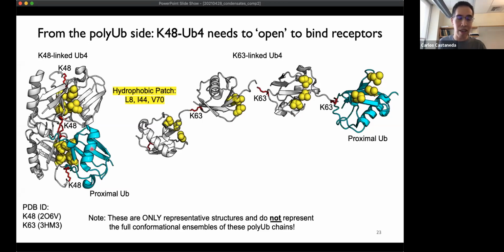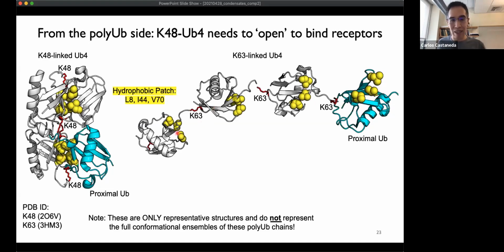So what I'm depicting for you here are structures from Cynthia Wolberger's lab, where I've labeled one of the ubiquitins so you can get an idea for where they are. I've also highlighted the hydrophobic patch so you can see where it is. And I think you can see that the hydrophobic patch, the binding part, is not able to access, say, another protein because it's interacting with the hydrophobic patch of another ubiquitin.